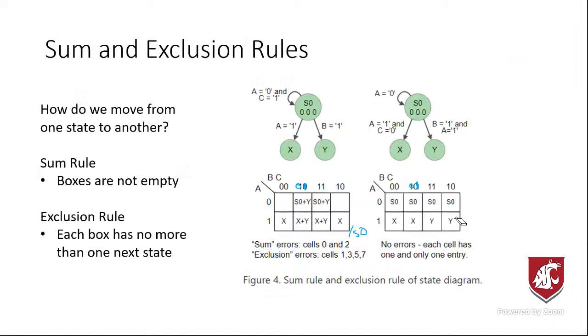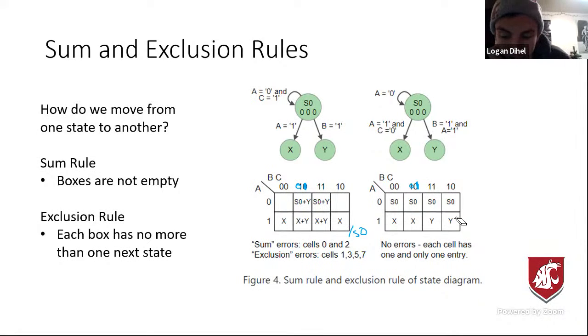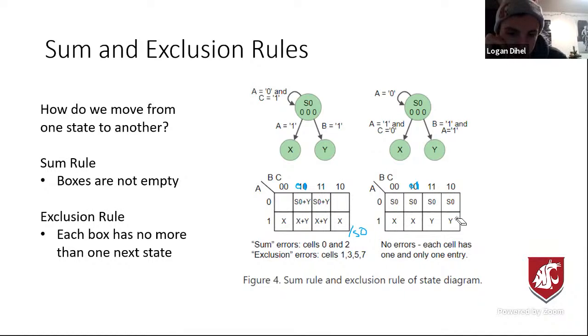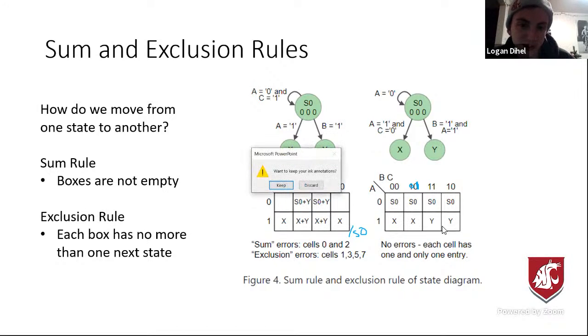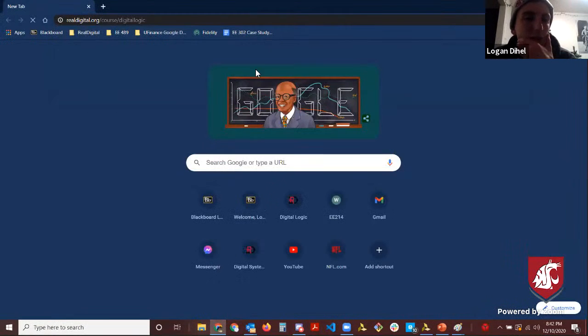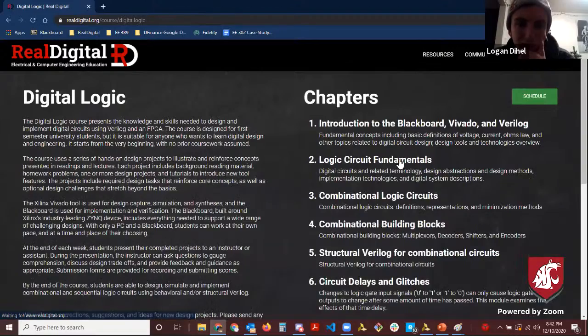So would you say this exam is more conceptual rather than the coding? There's probably going to be 2 questions on the coding. So what I would do is brush up on making state machines. If you need help making state machines, just go on Real Digital, and they have a great example right here.